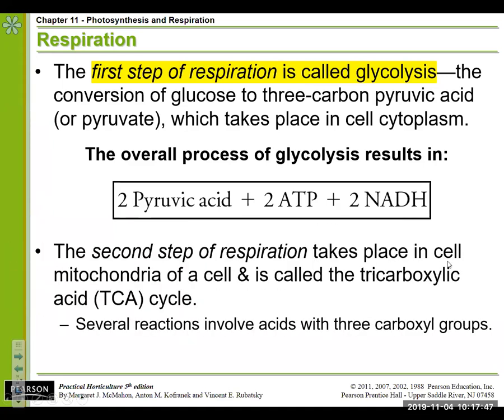The second step of respiration actually occurs in the mitochondria, what we refer to as the powerhouse of the cell, converting that energy into a more usable form, basically.